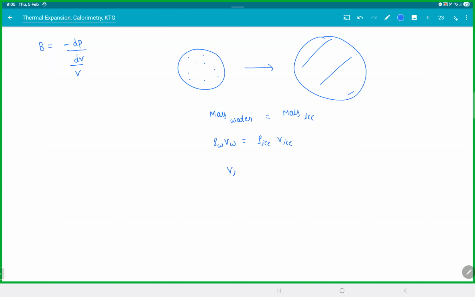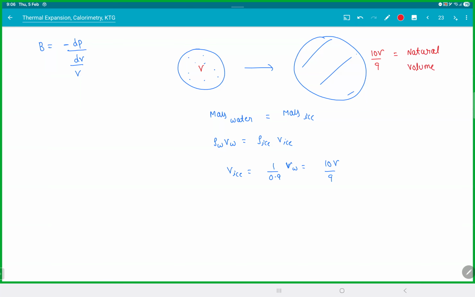So volume of ice will be 1 by 0.9 times volume of water, which is 10V by 9. That means the water volume V would try to become 10V by 9. If the shell was not there, the ice would have expanded to 10V by 9. This is the natural volume of the ice. The ice would say, if the shell had not been there, I would have been 10V by 9.